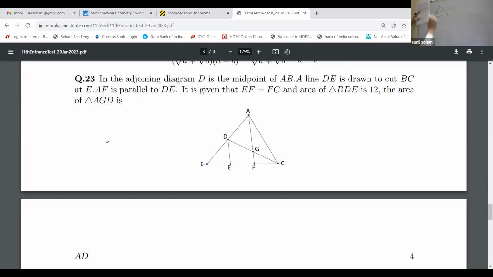AF is parallel to DE. EF is equal to FC. Let me make a double line here. Area of triangle BDE is 12. We have to find the area of triangle AGD.